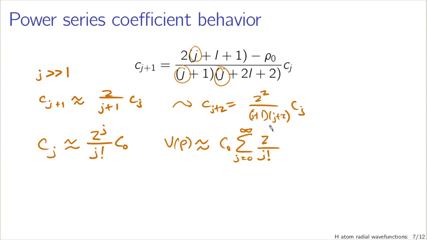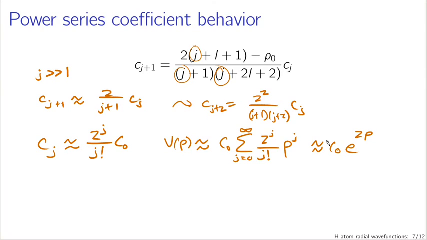It's not 2j, it's 2 raised to the jth power, times rho to the j. That's our representation of v of rho. And this power series should look familiar to you. This is c naught times e to the 2 rho. If you calculate the power series coefficients of e to the 2 rho, this is 2 rho to the jth power over j factorial. So x to the j over j factorial should say exponential to you in the context of power series.